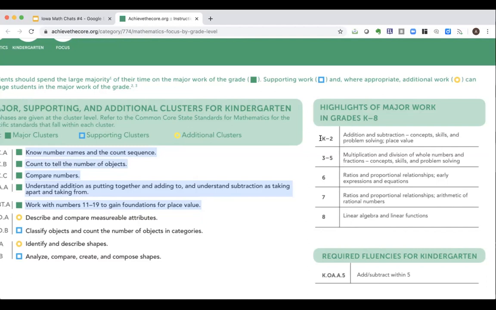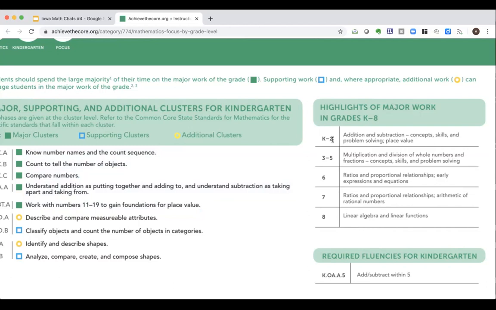This K through 8 is the non-negotiable, this box right here. This is what all students need in order to be ready when they get to high school. So let's look at what that means.